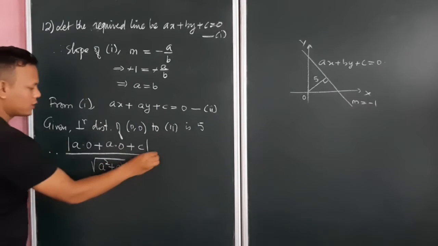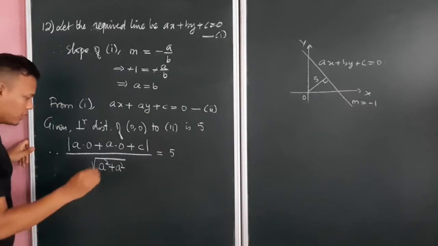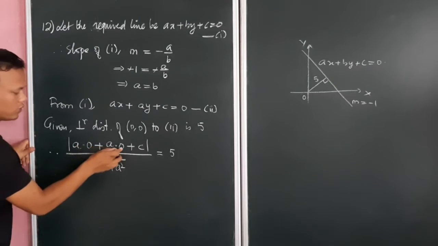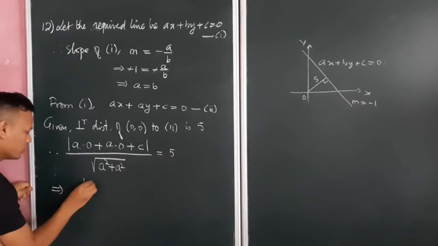This is the perpendicular distance, which equals 5 units. Here a into 0 is 0, so altogether this becomes only modulus of c.